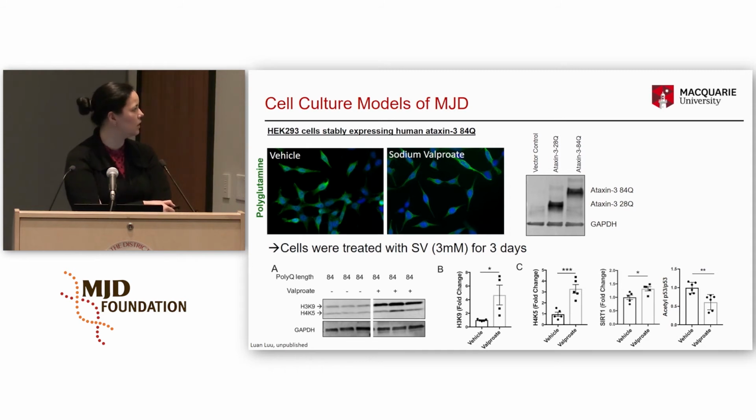Treatment with a higher concentration of sodium valproate did induce a large increase in histone acetylation, and indeed did increase levels of SIRT1, suggesting increased activity of this pathway, and decreased acetylated P53, which is a substrate of this pathway.